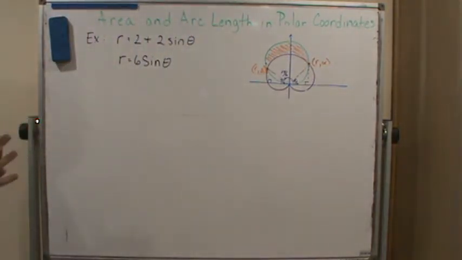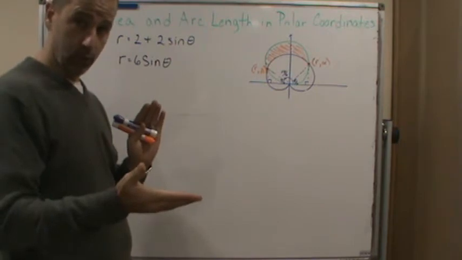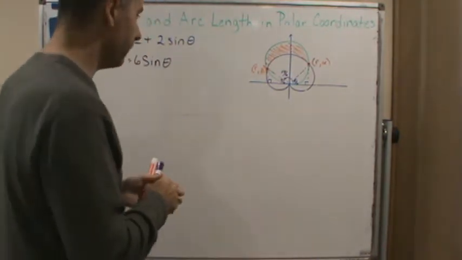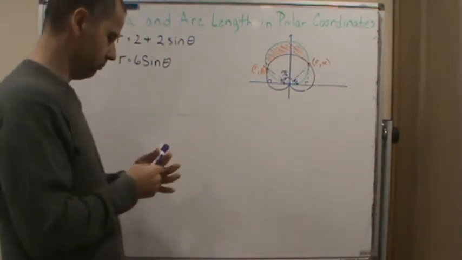So let's say that's what we want to do: find the area of that region. The first thing we need to do is figure out the interval of theta. We need to find our alpha and beta.